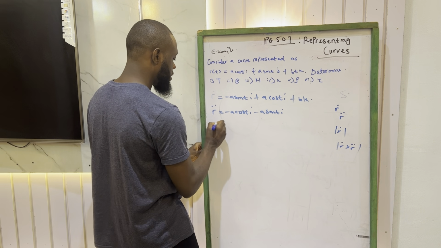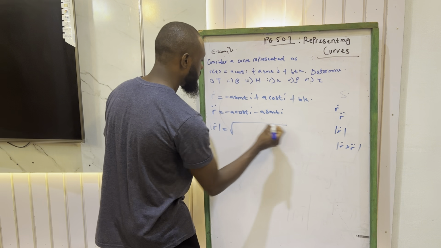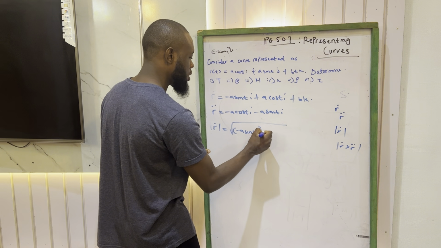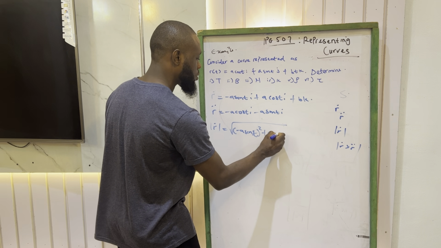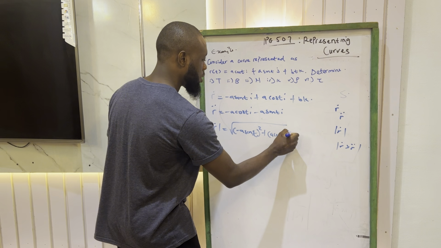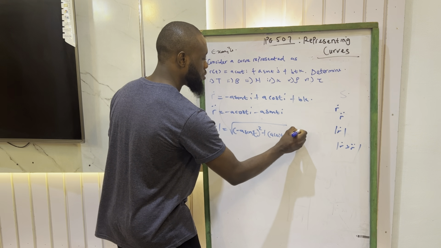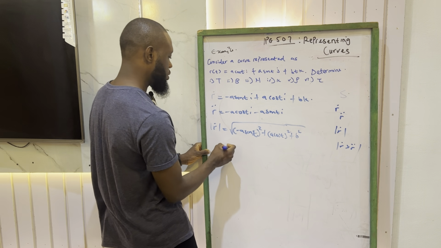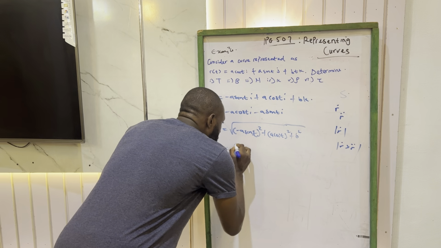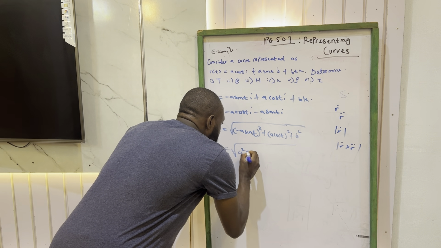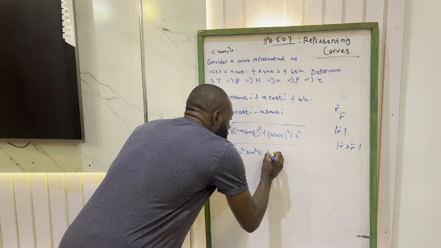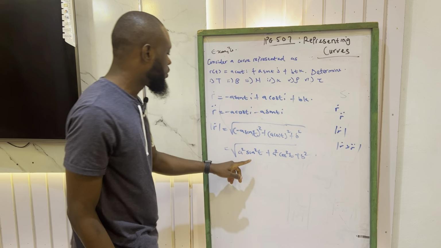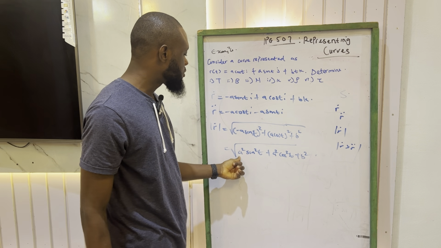So we have the magnitude of r dot as square root of minus a sin t all squared plus a cos t all squared plus b squared. So we have square root of a squared sin squared t plus a squared cos squared t plus b squared. As before, we factorize this because a squared is common.